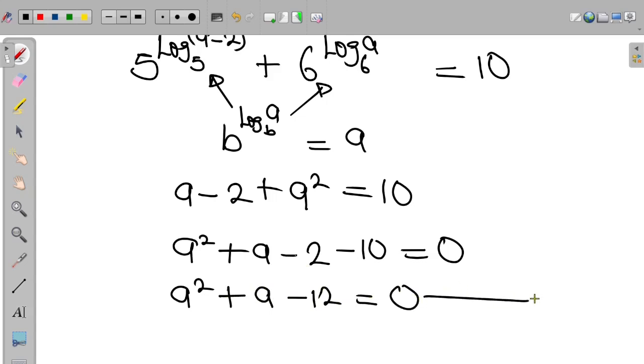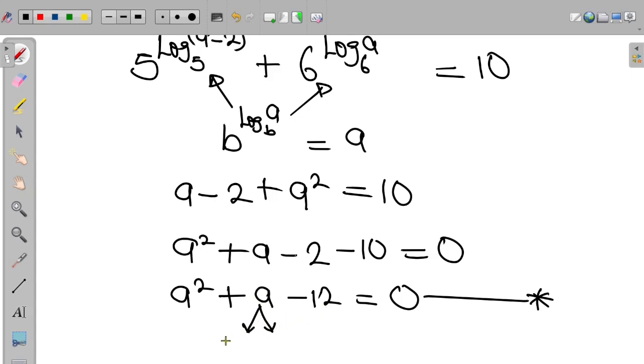Now we have a quadratic equation in terms of a. In this video, to find the values of a, I'm going to use the factorization method. So I will look for two integers whose sum is equal to 1, which is the coefficient of a, and whose product is equal to negative 12, which is the constant term.